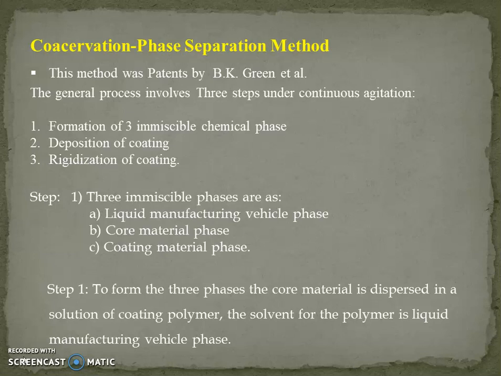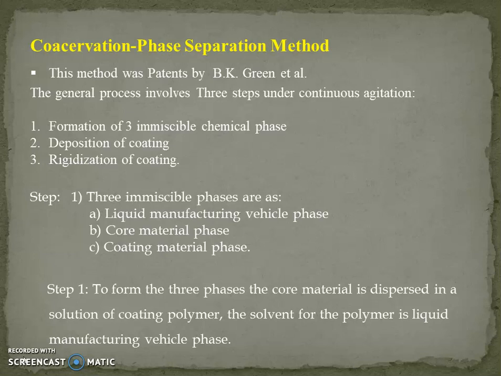In the first step, to form the 3 phases, the core material is dispersed in a solution of coating material. The solvent for the polymer is the liquid manufacturing vehicle phase.